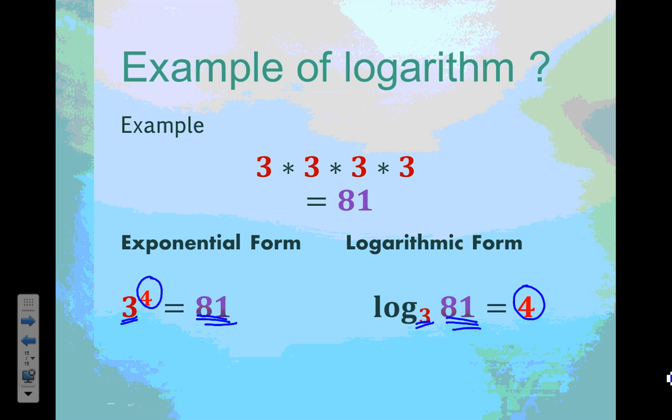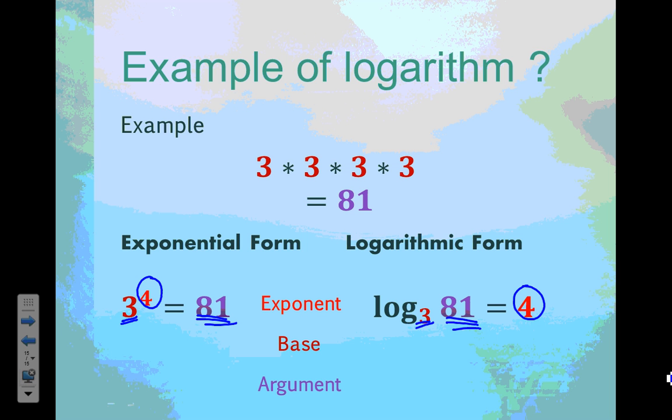These numbers have specific names. You have what we call the exponents, the base, and the arguments. So 3 is considered the base. That's why we say 3 raised to the 4th power equals 81, and here we say log base 3 of 81 is equal to 4.